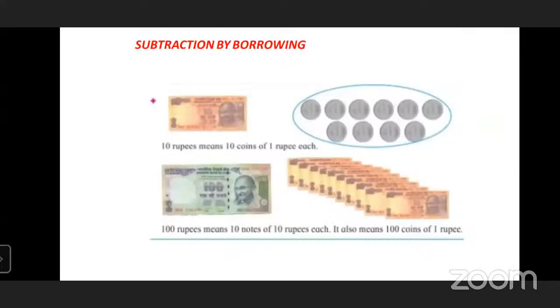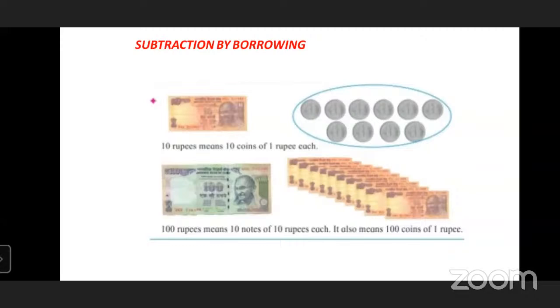Okay. Now subtraction by borrowing. So see, here we have the 10 rupee note. Okay. So if we have to make change of this 10 rupee note, so what we will do? We will have to make the change in the form of coins. Okay. So see here 10 rupee means 10 coins of 1 rupee each.